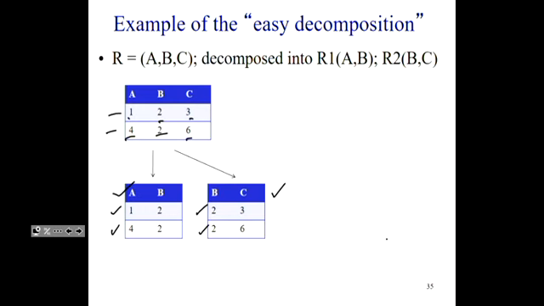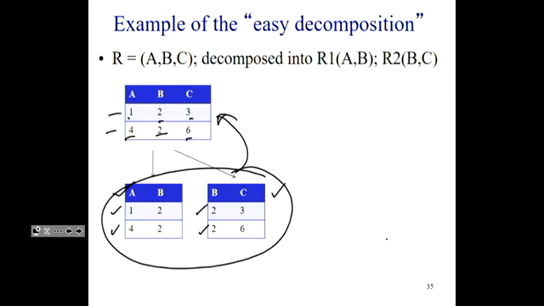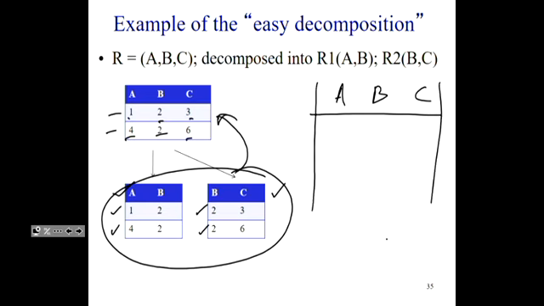When I take these two relations and try to reconstruct the original via a natural join, what would my result look like? What are the tuples that are going to be in my result? Yep, 1, 2, 3. 1, 2, 6.